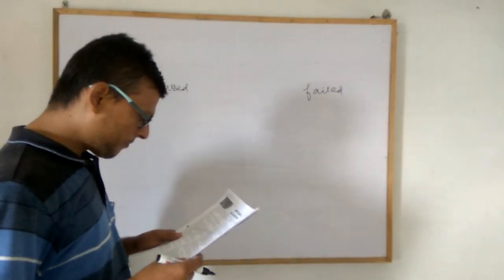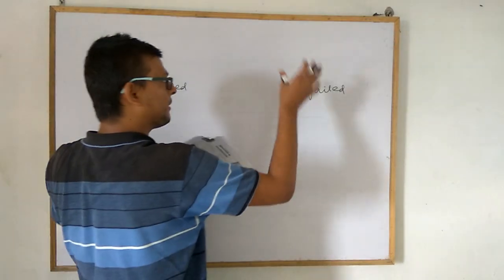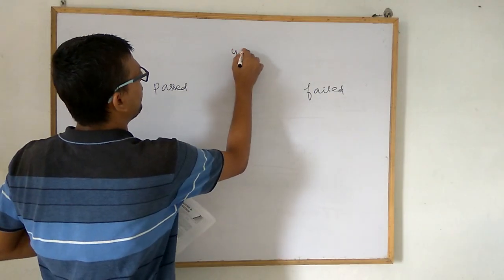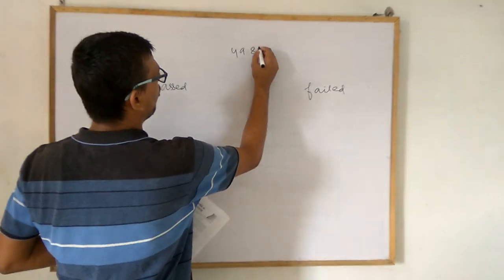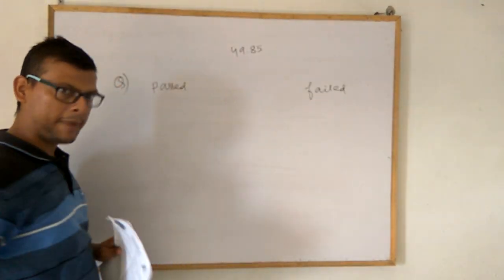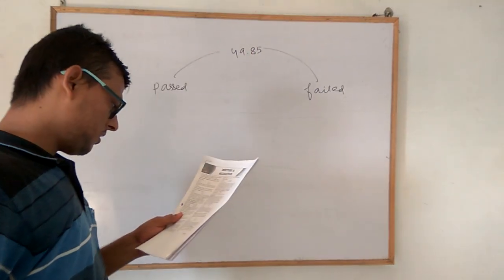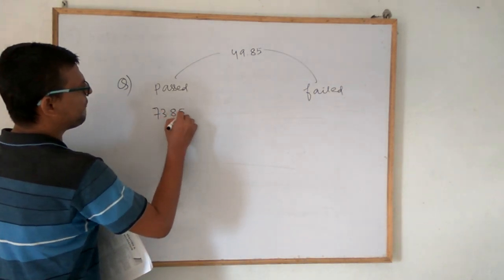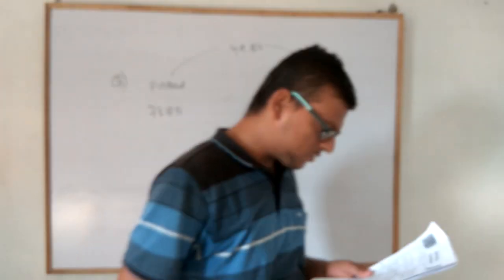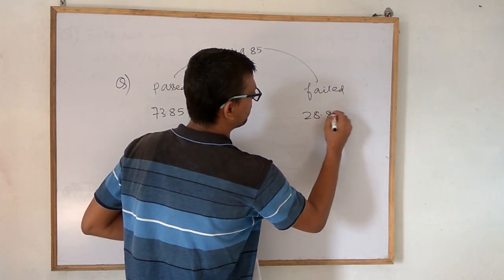So your question is: average marks obtained by all the students, passed and failed combined, is 49.85. And the average marks obtained by passed students is 73.85 and average marks obtained by failed students is 28.85.